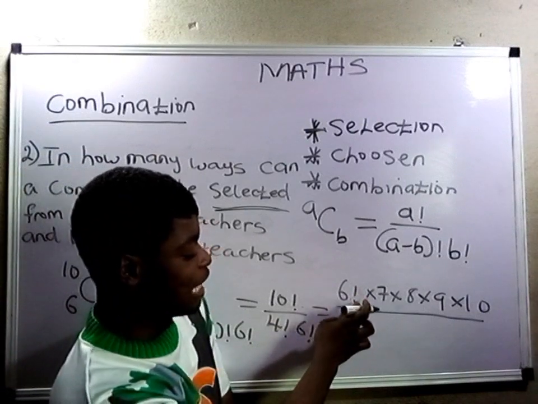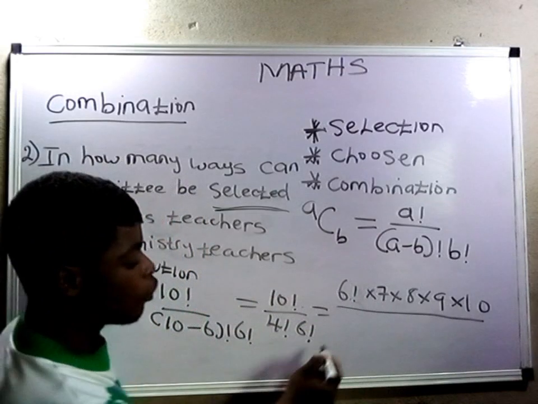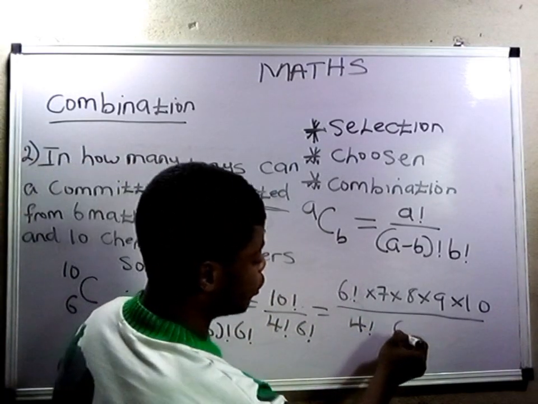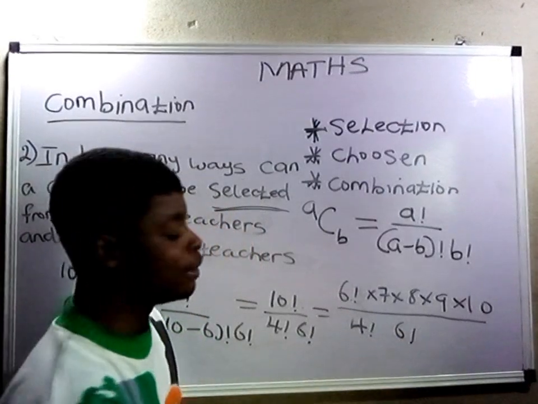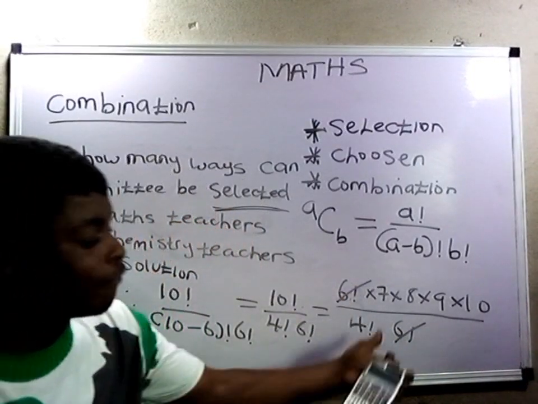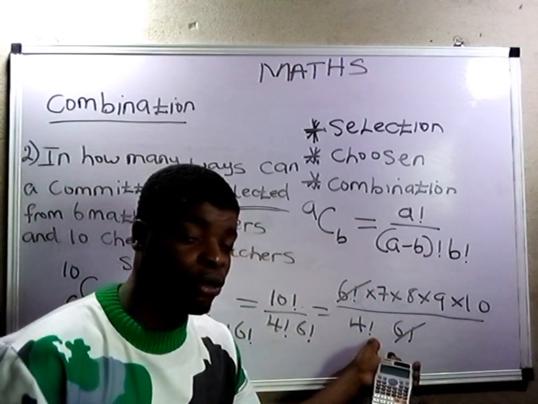In an examination, this helps you solve faster. So the 6 factorial cancels the 6 factorial, and we now have 7 times 8 times 9 times 10 over 4 factorial.